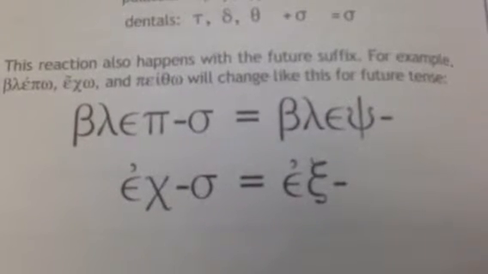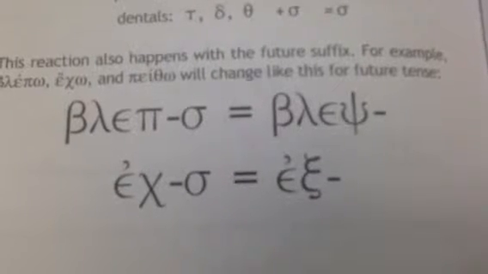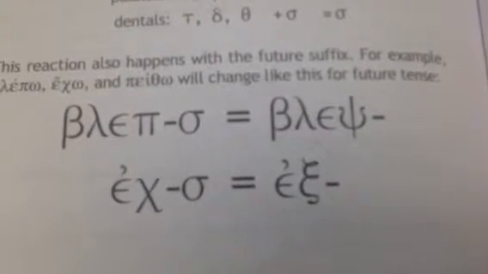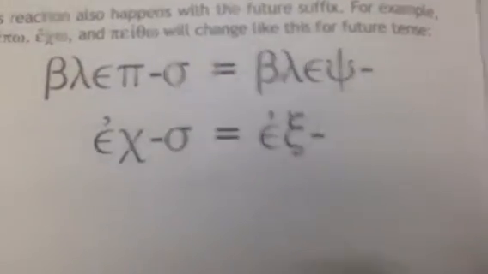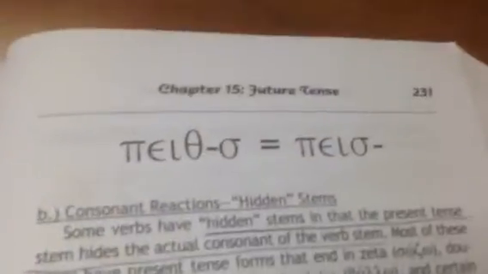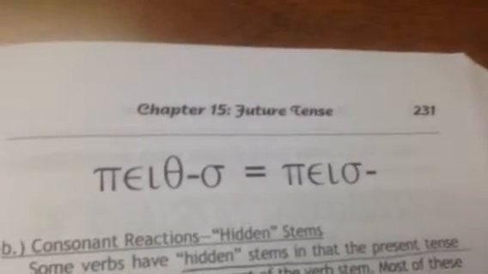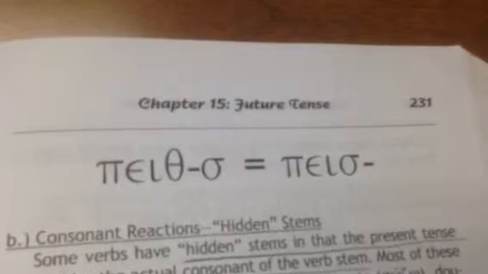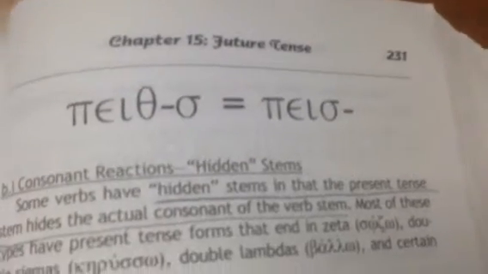So pi and sigma, there you get psi. You get blepso if you would make a first person, or blepseis if it's a second person singular. Same for the others. Okay, so you see typical reactions there. There's your dental reaction. So if you add a sigma to a theta, the typical dental reaction would be for the theta to drop out.